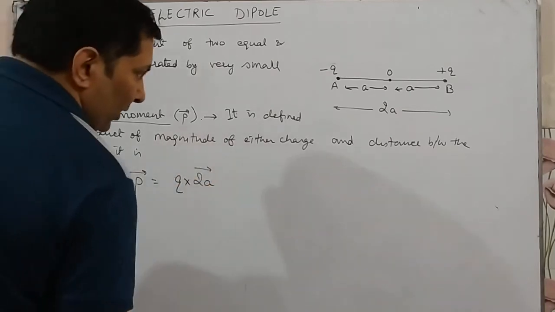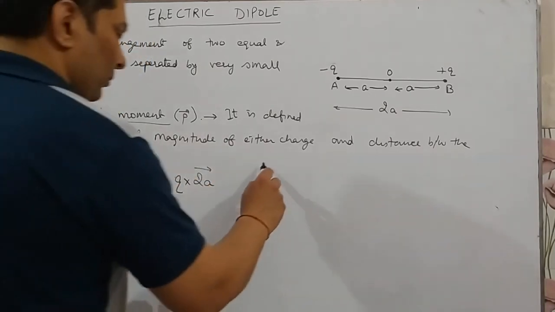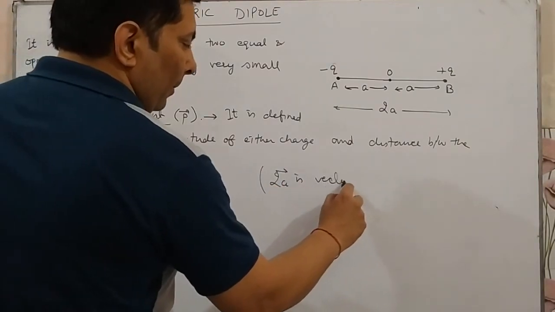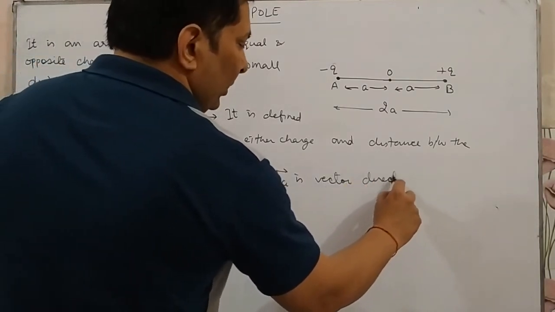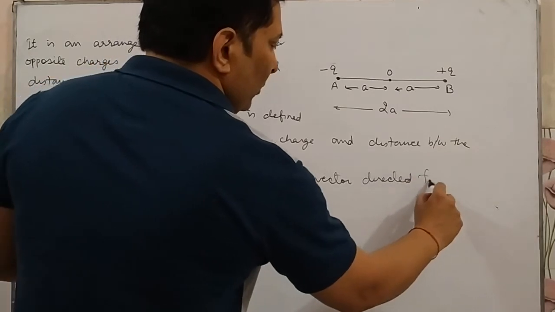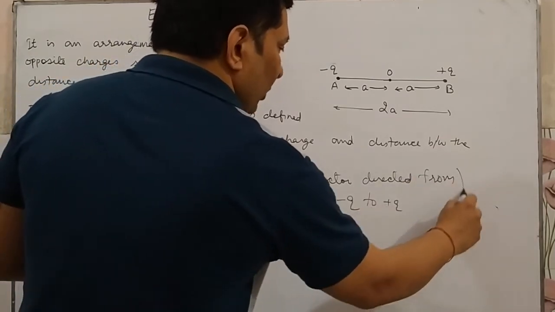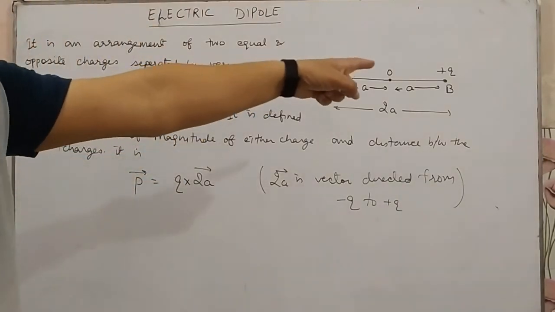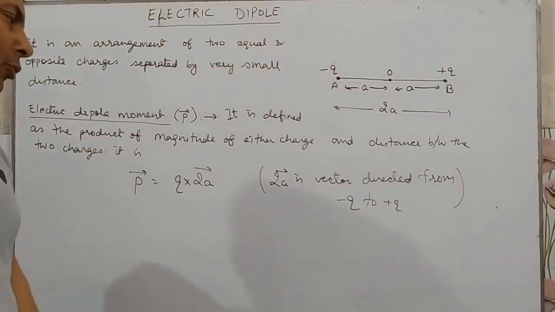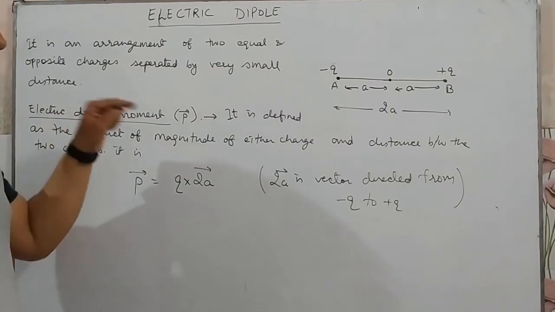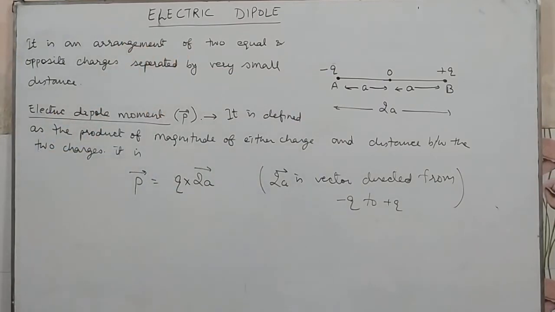Take 2a as a vector directed from minus q to plus q. So minus q to plus q is the direction we take for 2a, and similarly the electric dipole moment also has a direction from minus q to plus q.